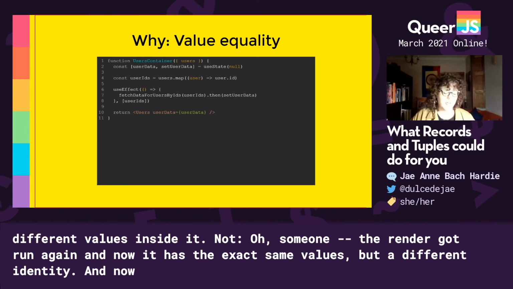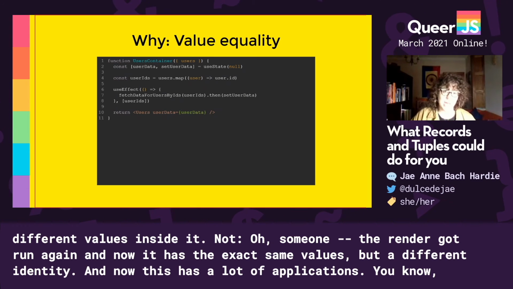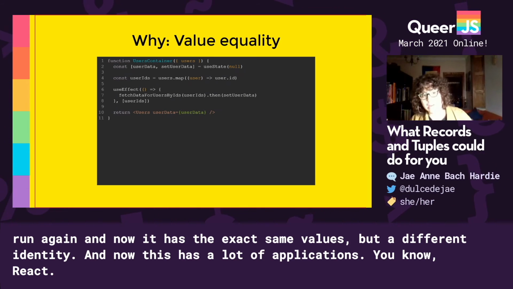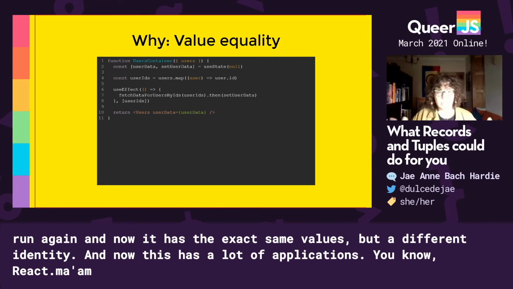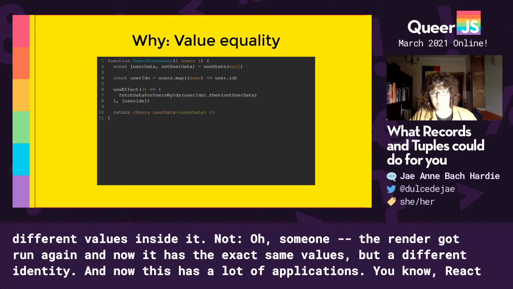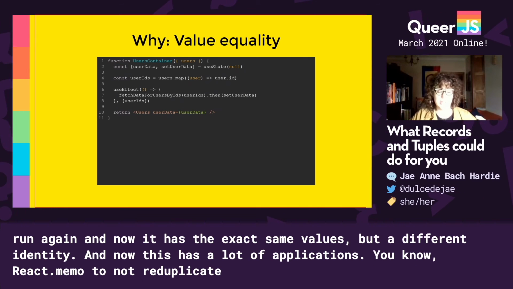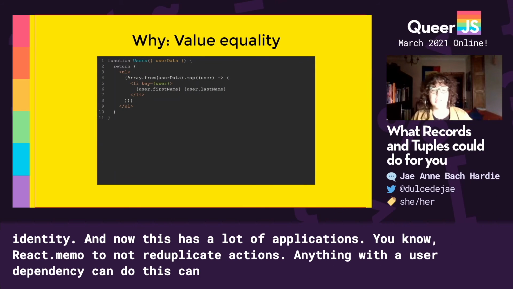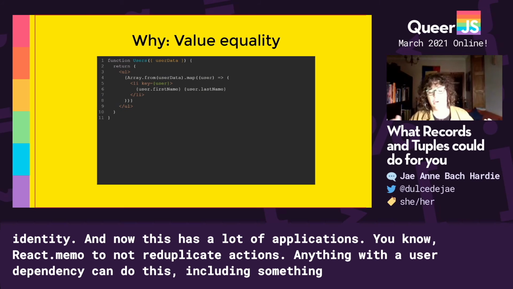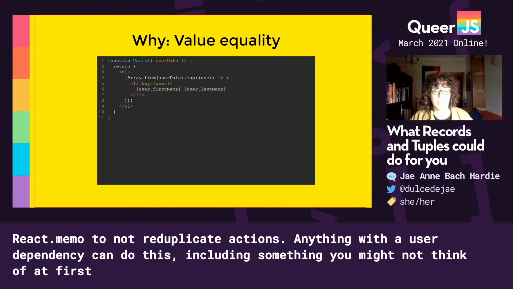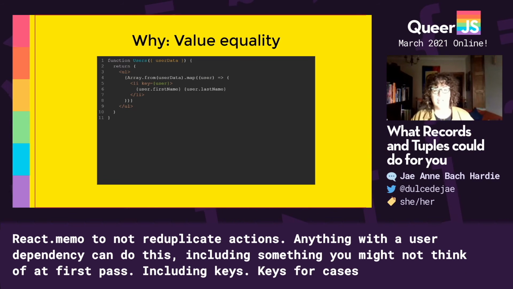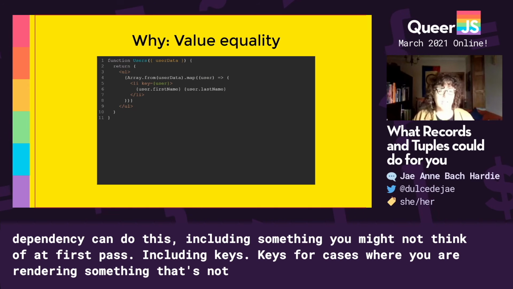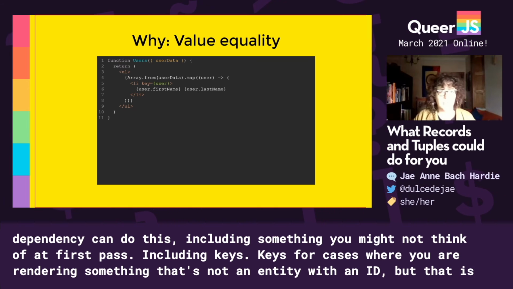And this has a lot of applications. React.memo to not do duplicate renders. useMemo for computation. Anything which uses a dependency can do this, including something you might not think of at first glance: keys. Keys for cases where you are rendering something in a loop that's not an entity with an ID, but is just a collection of values.